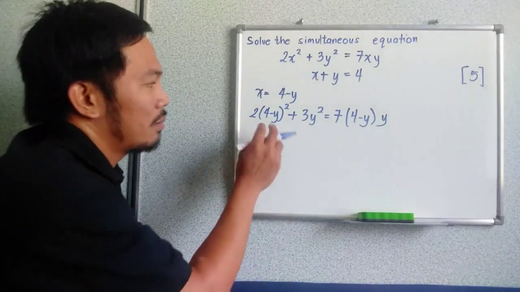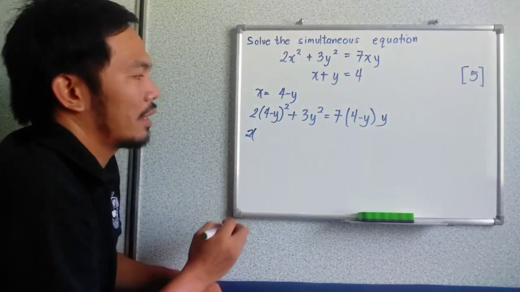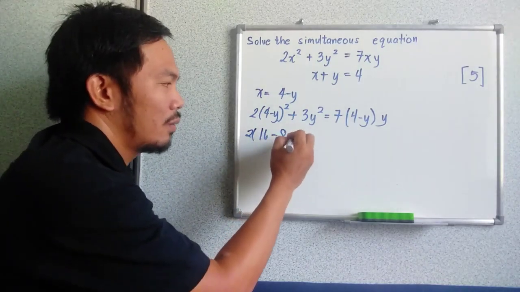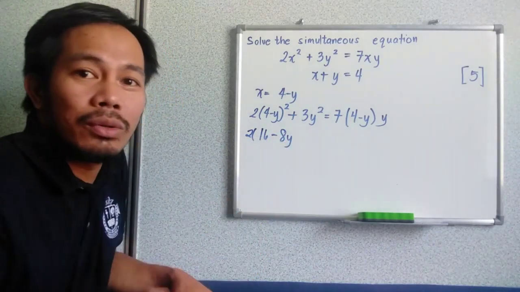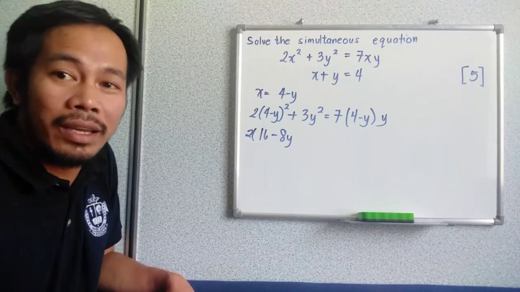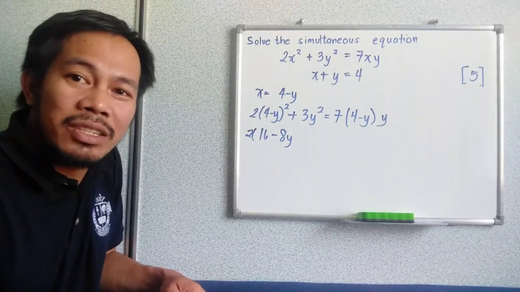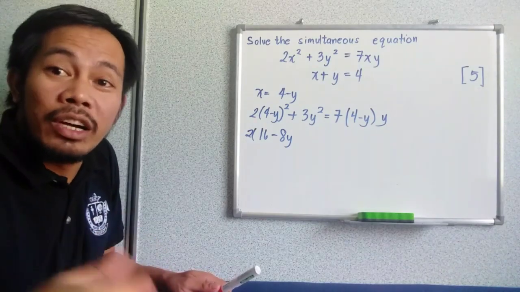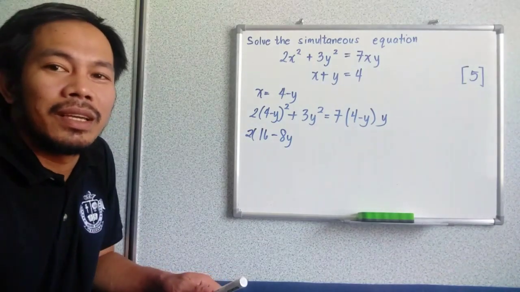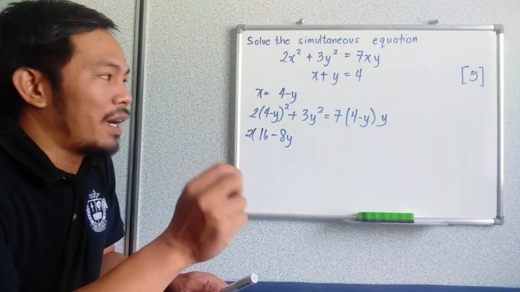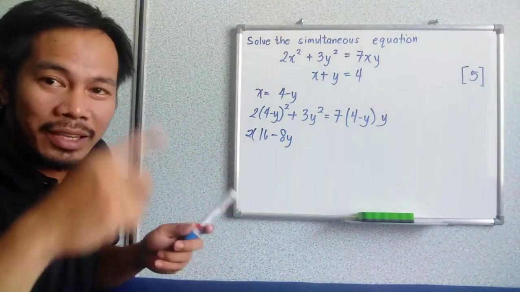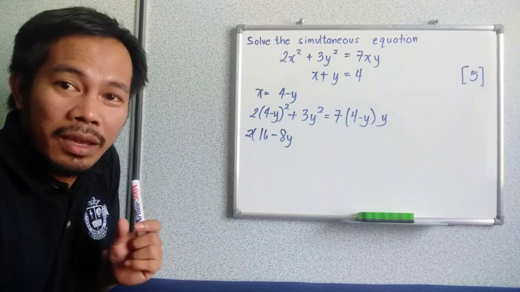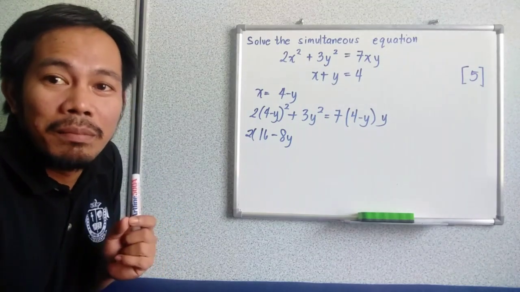So this will become 2 bracket 16 minus 8y. How did I come up with 8y? Remember the expansion of the square of a binomial: (a minus b) squared is a squared minus 2ab plus b squared.